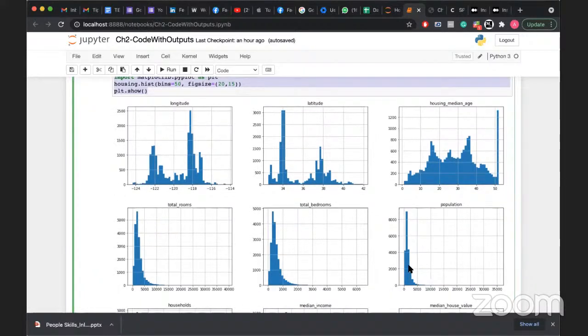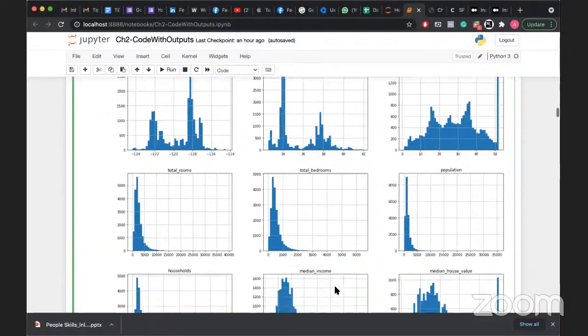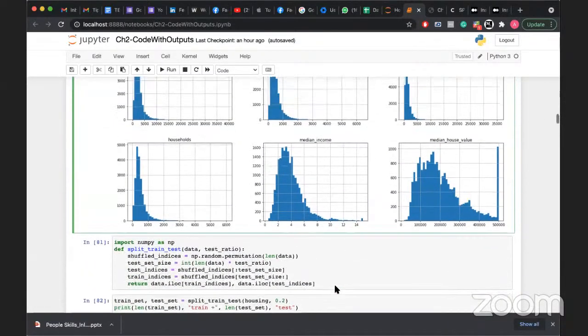Can you do this and tell me if you are able to see the similar thing on your screen? Are you able to see similar data distributions on your screen for all the data parameters?